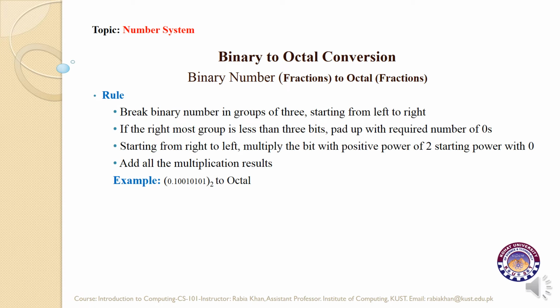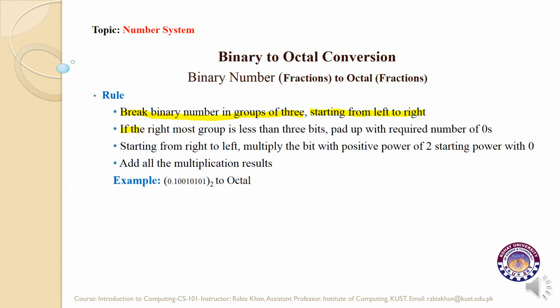For whole numbers we break the number starting from right to left, and for the fractional part, the grouping must start from left to right. Or for the fractional part, you can start dividing the number in groups from the decimal point. So we first break the number in groups of 3. The grouping must start from left to right, keep in mind.